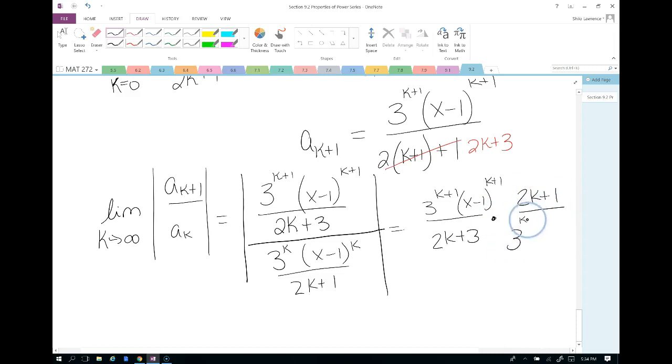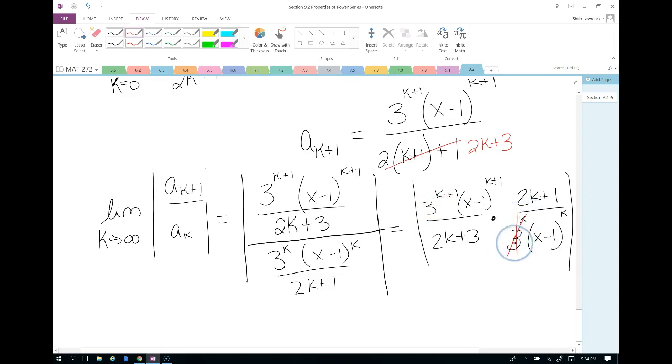And there should be some things that we can cancel. We should have some matching factors in the top and the bottom that we can simplify. You cannot simplify those polynomial pieces, the 2k plus 1, 2k plus 3. So leave those alone for now. But we can get rid of some of the 3's. In the top I have k plus 1 of them. In the bottom I have k of them.